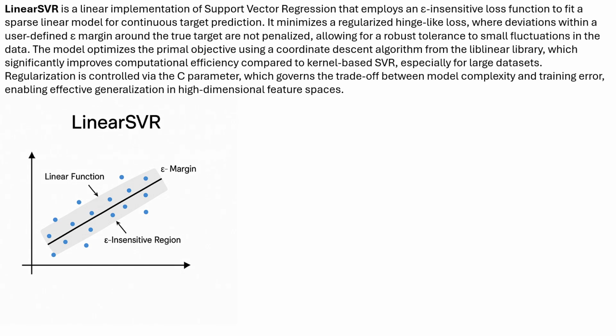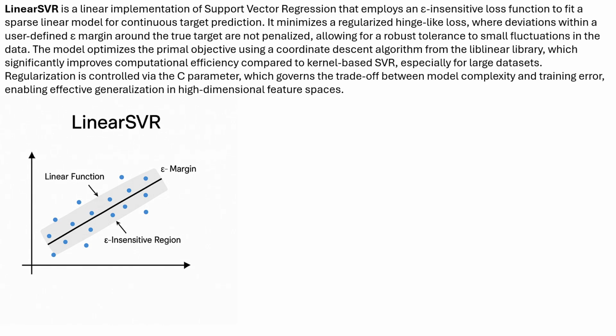LinearSVR is a scalable implementation of support vector regression that fits a linear model by minimizing a regularized epsilon-insensitive loss function. This approach tolerates prediction errors within a small threshold epsilon, which helps reduce sensitivity to noise.